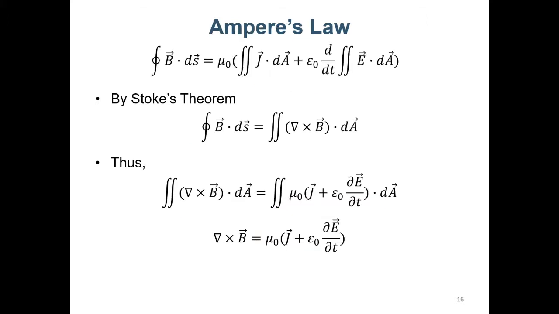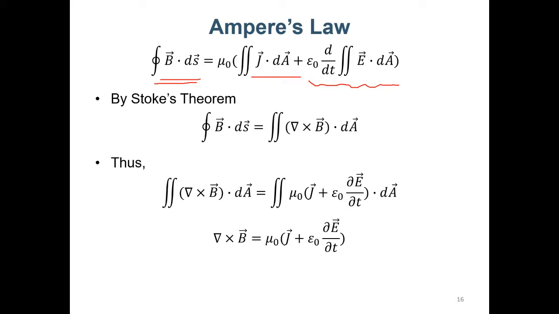So next is Ampere's law. It's a bit more complicated, but it's fine. For Ampere's law, if you have a current going through an area, and also a time varying electric flux going through the same area, then it will induce a magnetic field on the boundary of this area.